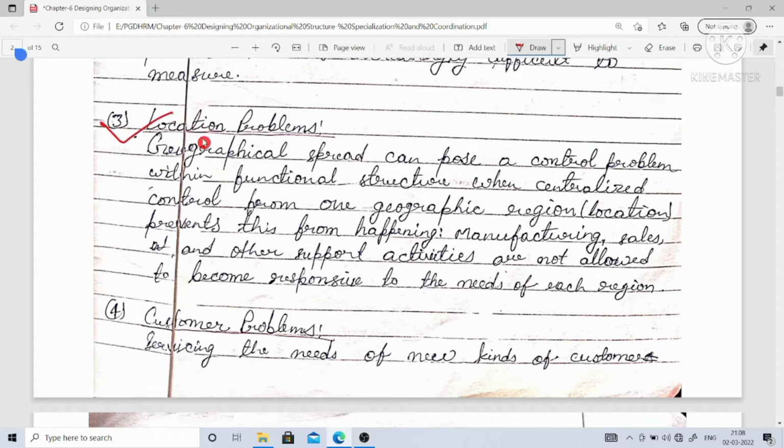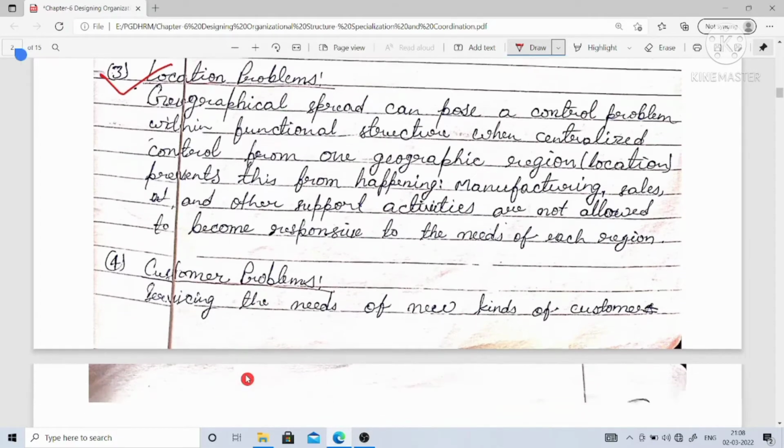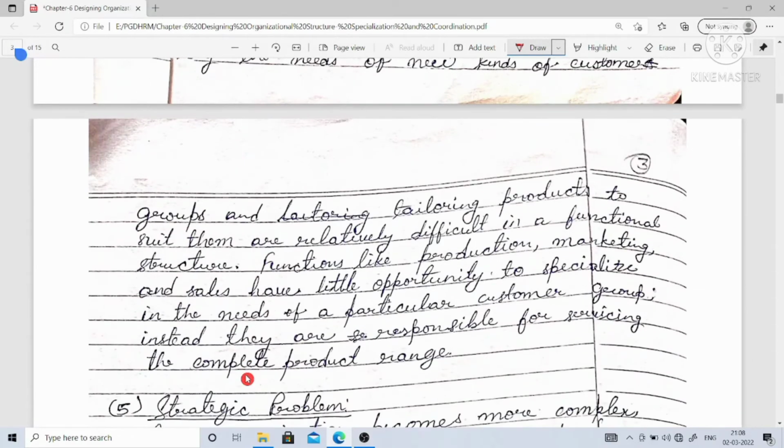The fourth one given is the customer problem. Servicing the needs of new kinds of customer groups and tailoring the product to suit them are relatively difficult in a functional structure.